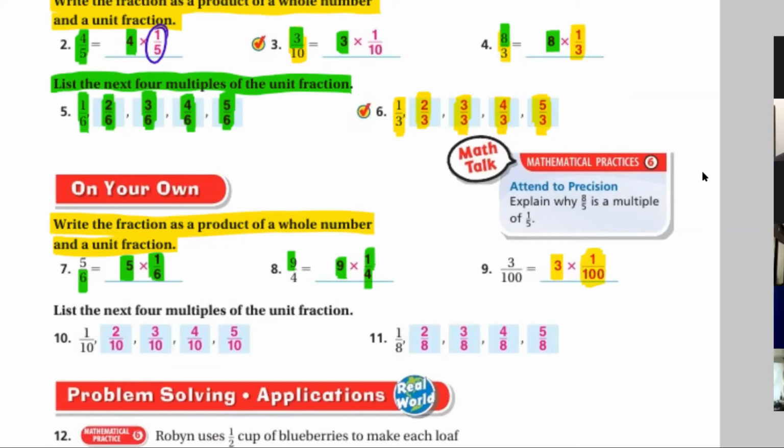Why is it not 1 over 6, 1 over 7? Because it's 100. Excellent, because we have 100 in the denominator, so you have to use the same denominator here. Okay, thank you so much, Yusuf.